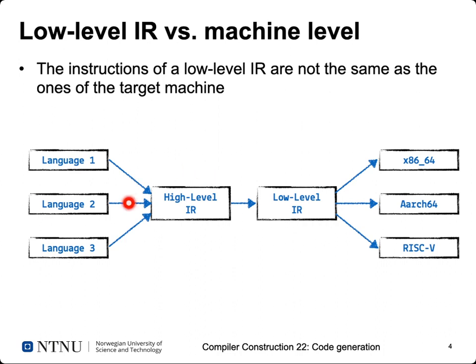They all get compiled to some sort of high-level intermediate representation. This can be something like our abstract syntax tree, which then gets lowered to our low-level intermediate representation, which might be 3-address code. And this 3-address code now finally has to be lowered even further by generating instructions for a real machine, and that might be a 64-bit x86 processor, a 64-bit ARM processor, or maybe a RISC-V processor, or whatever you can imagine.